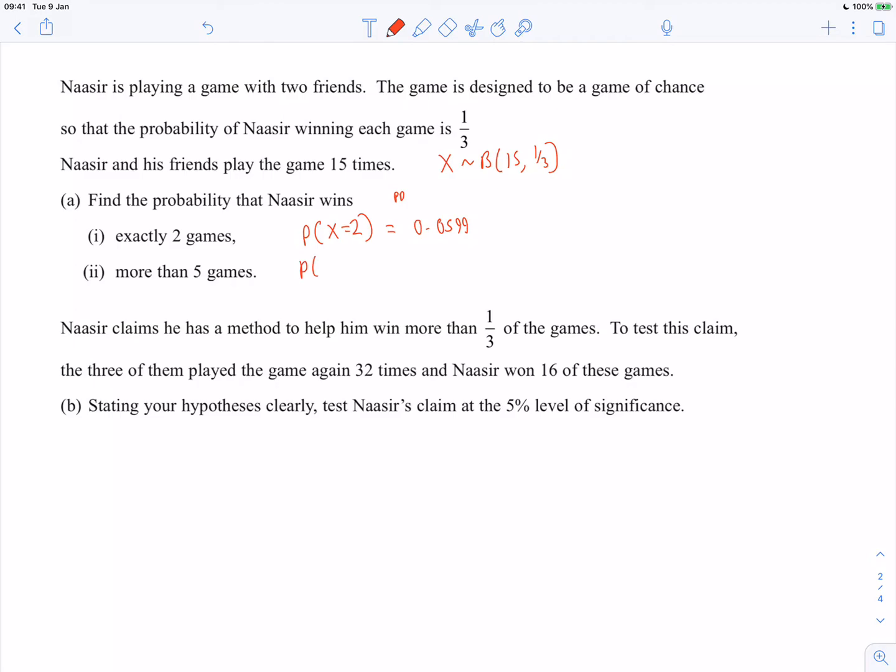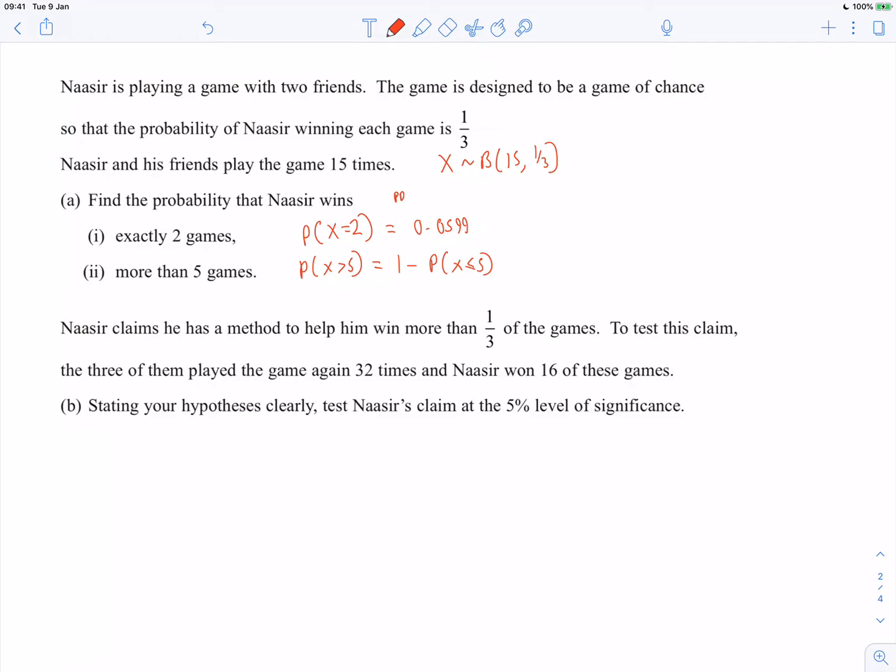More than 5 games. So the probability that X is greater than 5. Well, that's 1 minus the probability X is less than or equal to 5. Right? Think about it. Because winning more than 5 games is the complement to winning less than or equal to 5 games. So I'm going to use the CD function here. So distribution, binomial, CD function.